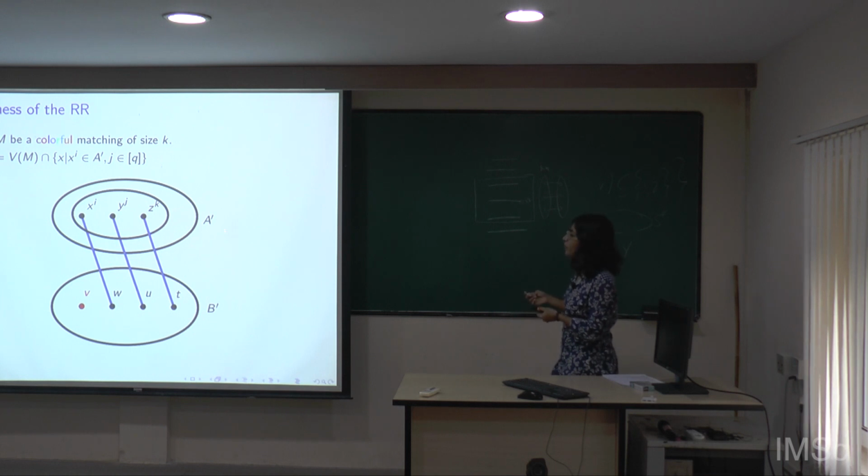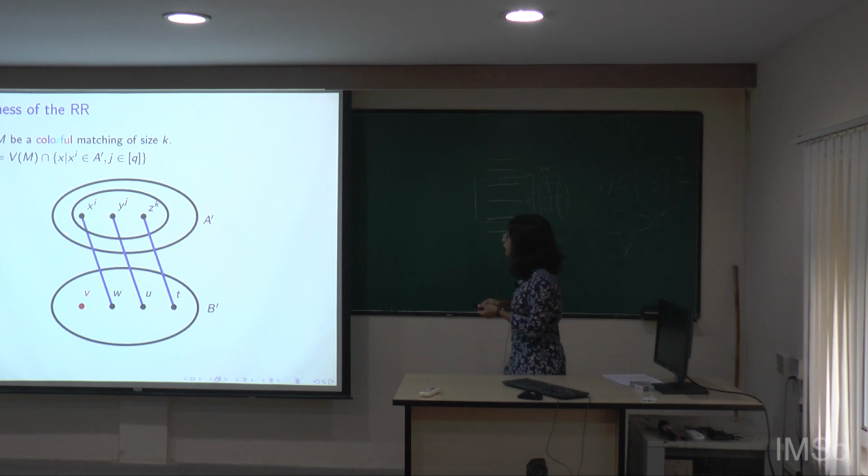And why is this colorful? Look at this. If I had an edge xv, then I am putting in this edge xw. So xw was connected to xi. From the construction of A, I know that if the edge xi to w is present, that means the xw edge in the original graph has color i.